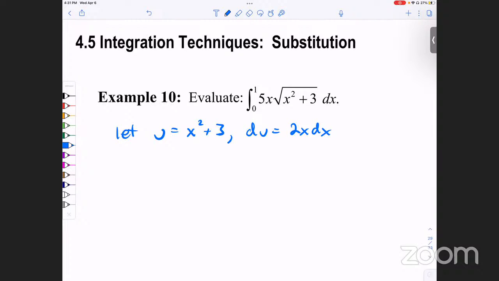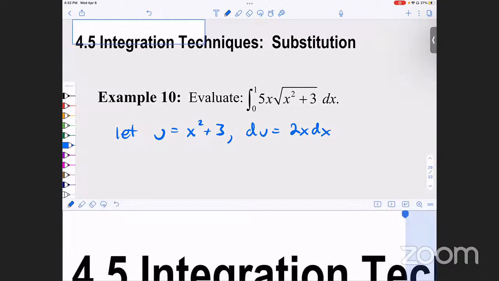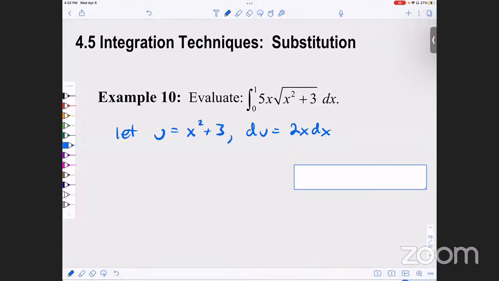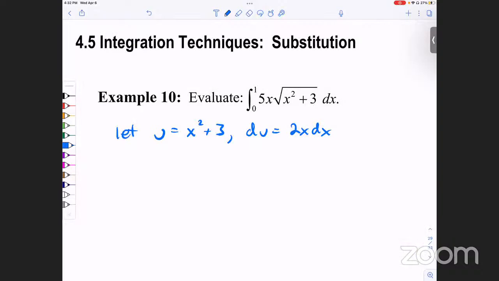We could move the 5 out front and kind of ignore it, right? If we move the 5 to the front and we ignore it, now we have this 2x dx, but we want x dx. I'm going to kind of do what I did before because I kind of understood what I did. I don't know that that's correct, but it seemed like it worked, right?